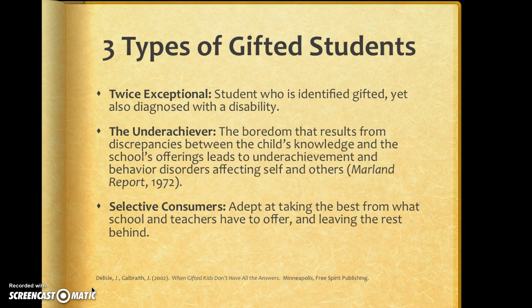That includes students that are gifted in one area, but are also labeled or diagnosed, like on the Asperger spectrum, or they might have ADHD. Then there's the underachiever and the boredom that results.